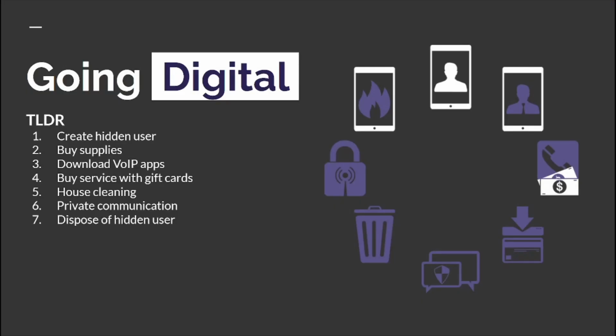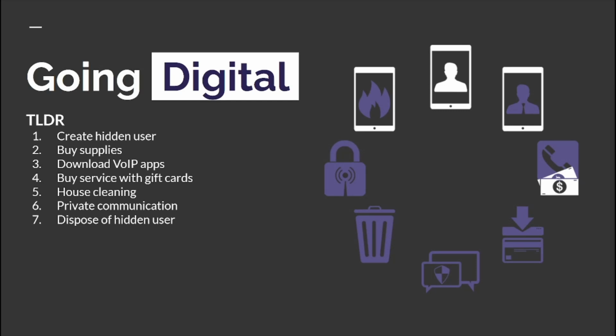So, okay, this sounds great. And there's a few steps to set this up. So let's just quickly have a brief overview of what we're going to do. We're going to create a second user on an Android device. We're going to buy a Mint Mobile trial kit and a Google Play gift card.